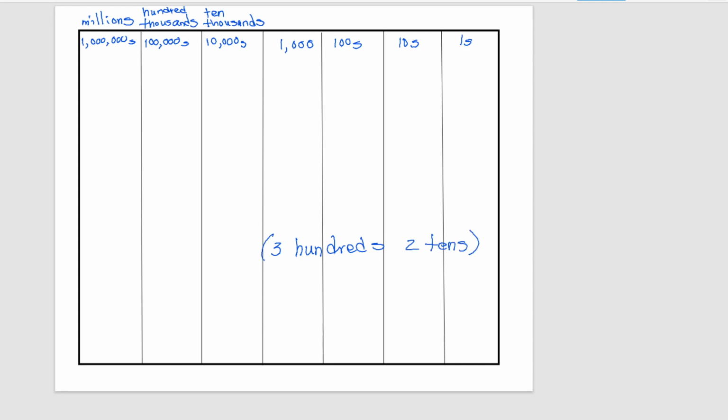And we're going to put a parenthesis to show it's a single number. And we're going to multiply by 10. So let's show this on our place value chart. So we have 3 hundreds and 2 tens. That's our original number. And then we're going to multiply by 10. So we're going to do this 10 times.